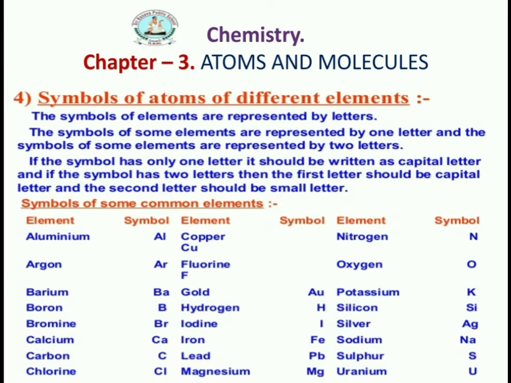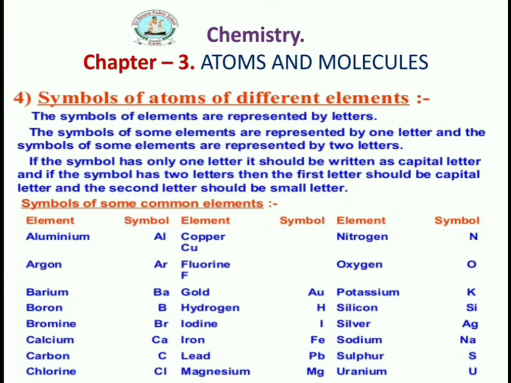Next, just observe: gold is Au, iron is Fe, lead is Pb, sodium is Na, potassium is K. These are taken from Latin words. Gold in Latin is aurum, Au.